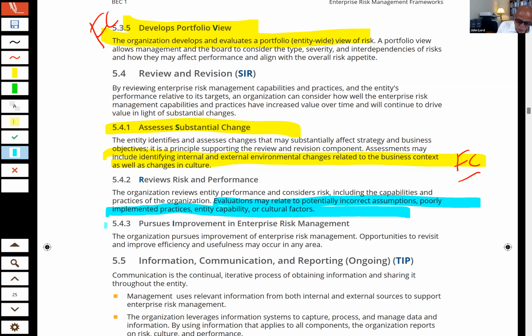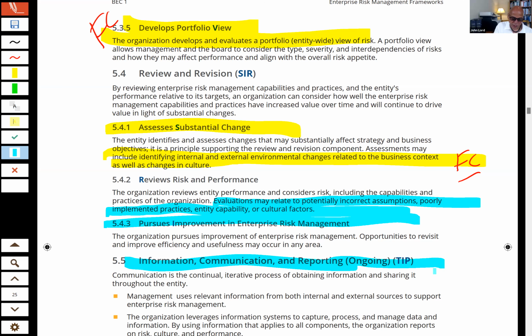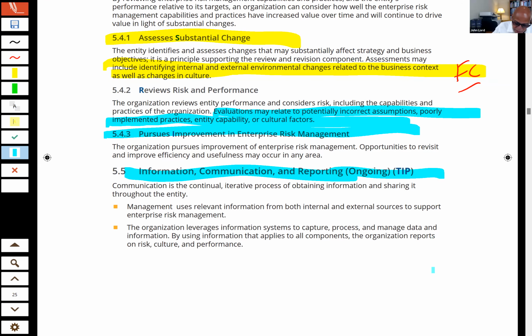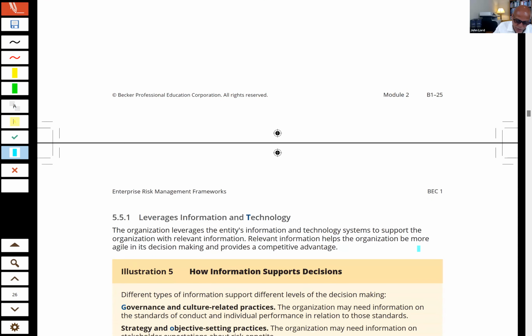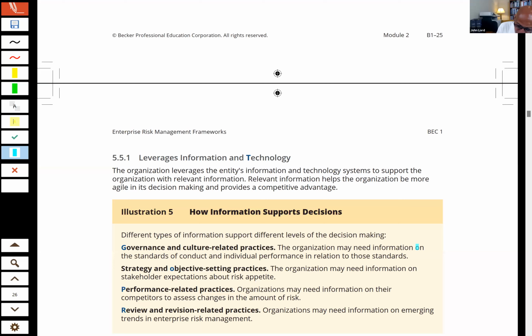Okay, so you should pursue improvements, obviously, in your enterprise risk management, and then the information communication reporting is something that is ongoing. And they tell us that we should leverage information technology, which helps the organization be more agile in decision making. Okay.